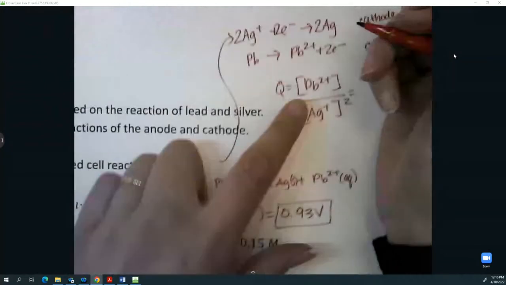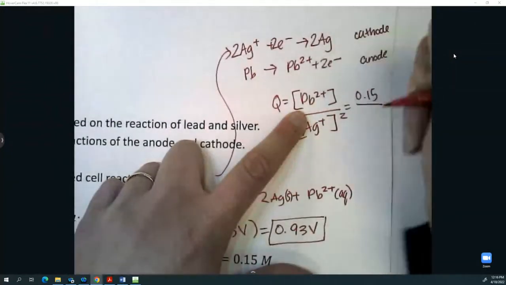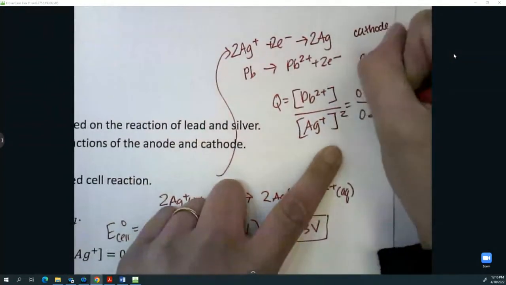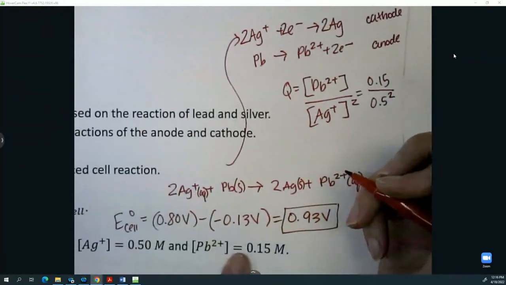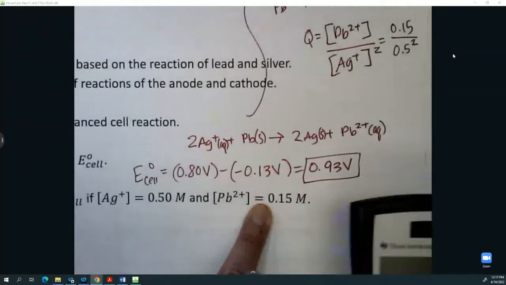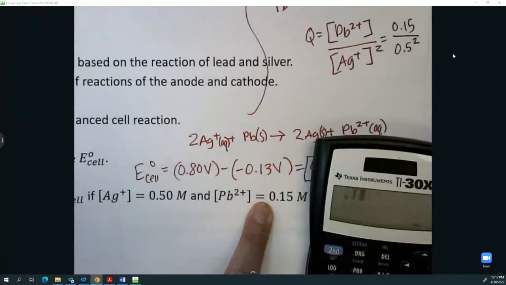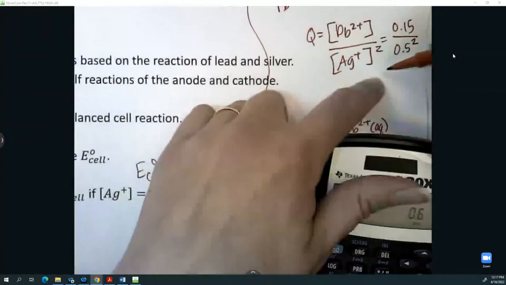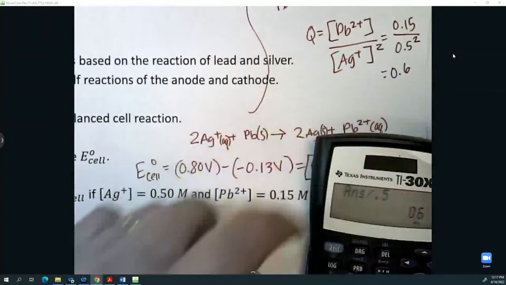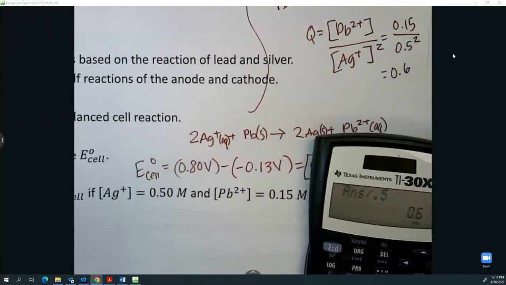Based on what they gave me here, 0.15 and 0.5 squared, from these numbers, that's my Q.